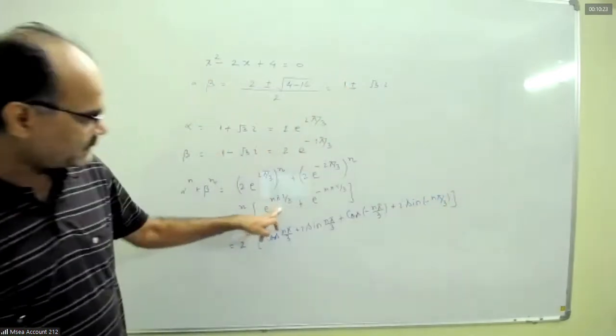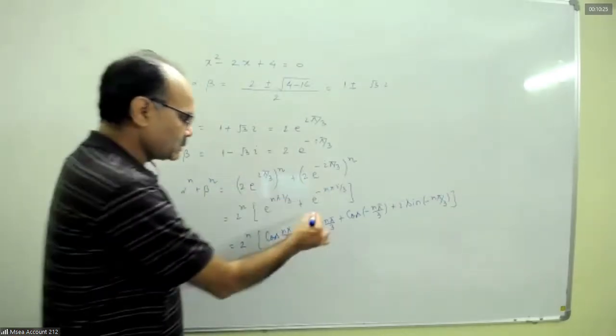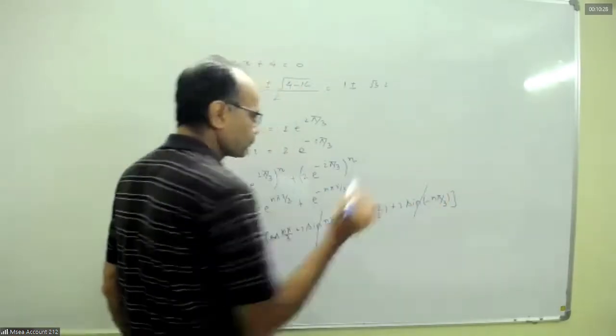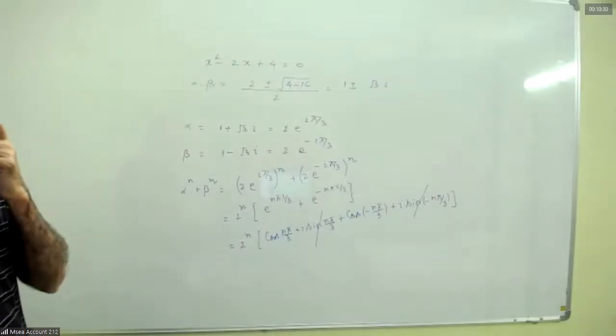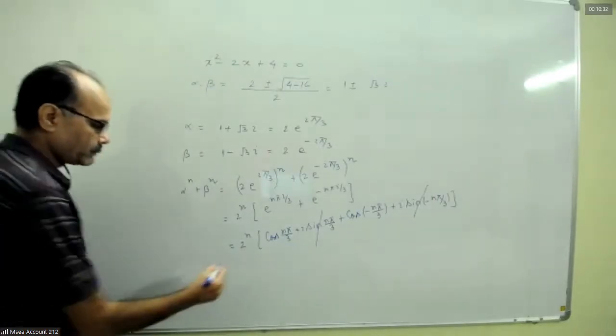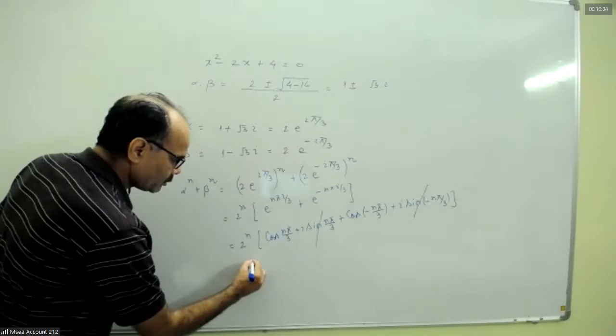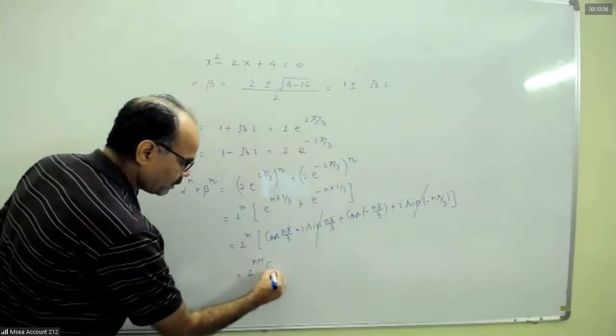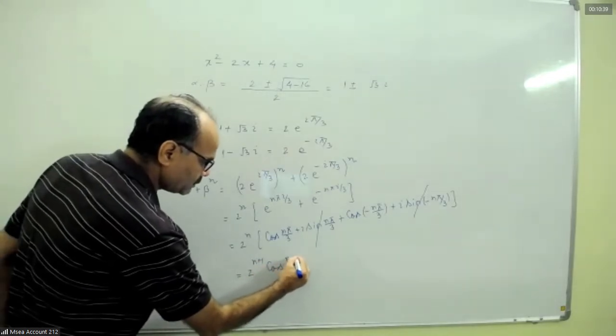Here angle is n pi by 3, here angle is minus n pi by 3. Now these two terms will get cancelled. Sin minus theta is minus sin theta. 2 times 2 to the power n plus 1 into cos n pi by 3. This is the value.